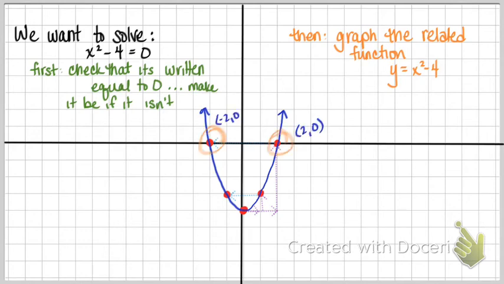There happen to be two. There's one at negative 2, 0. There's one at 2, 0. If solutions and x-intercepts are actually the same thing, then it's the x values within those ordered pairs that constitute our solutions. So the solutions of x squared minus 4 equals 0 are x equals negative 2 or 2.